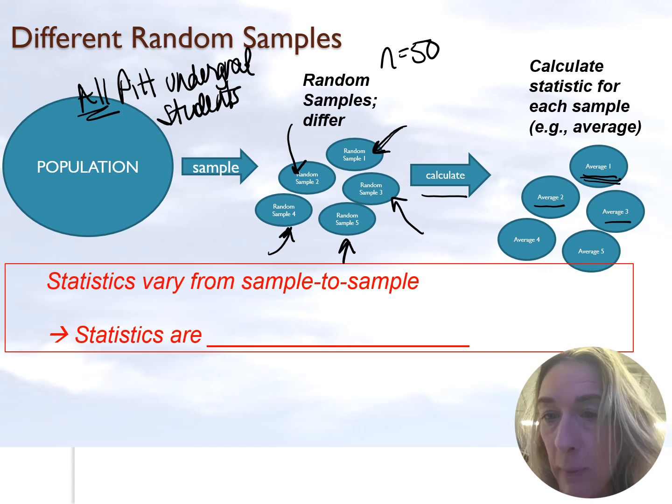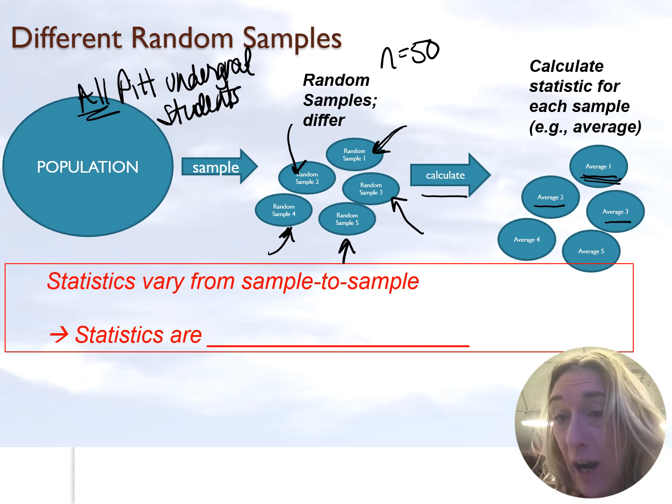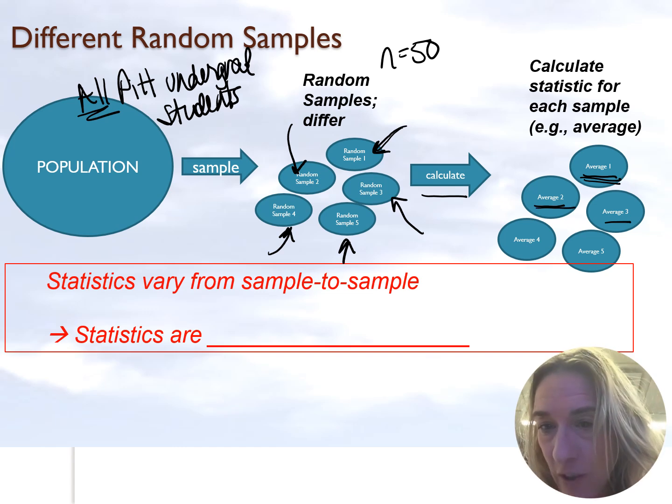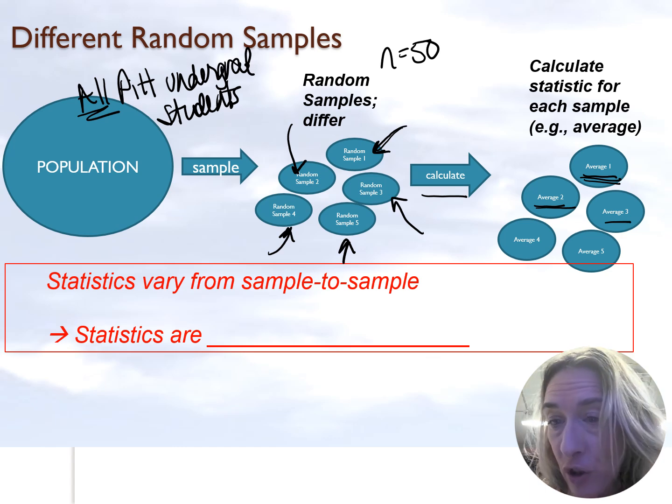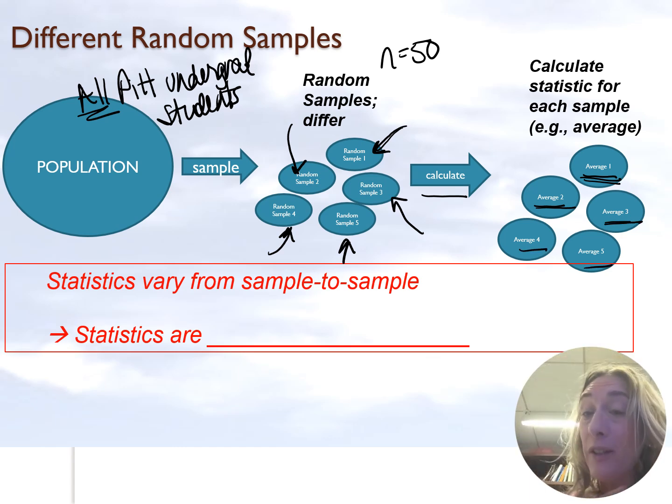So the average GPA, or average 1, is likely going to differ from average 2, and from average 3, all the way on down the line for the remainder of the averages. Because those samples differ, the average for each sample is going to differ.